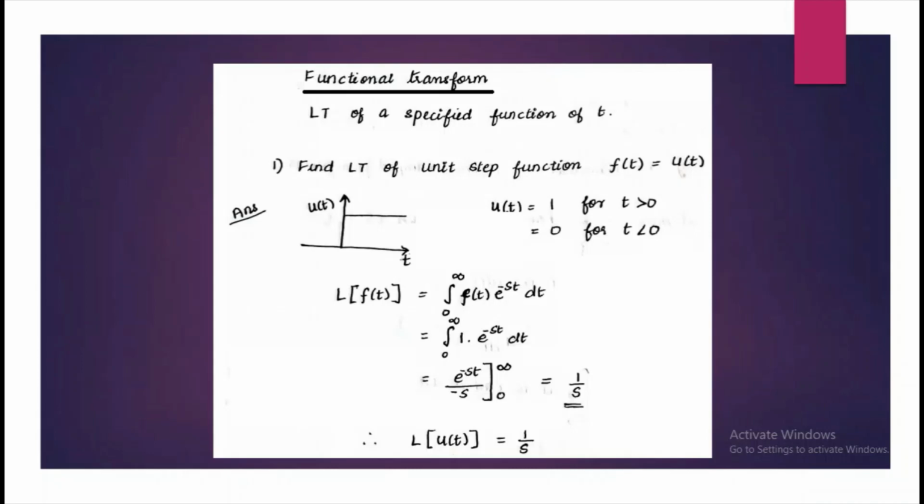So instead of f(t), we can substitute 1 over there and then we apply the limits after integrating and we will get 1 by s. In all the upcoming problems, we can just write 0 instead of 0 minus, but we have to keep in mind that 0 is also included over here.